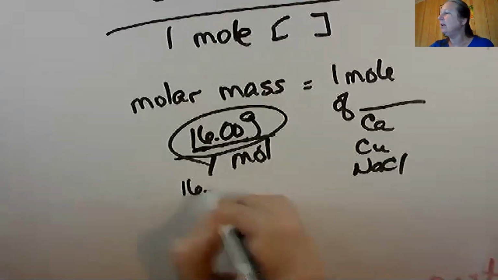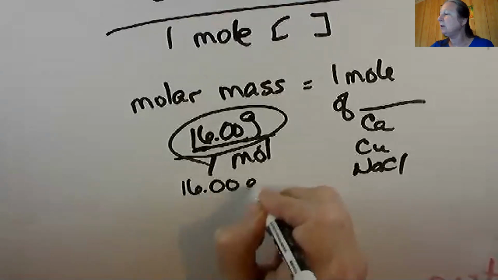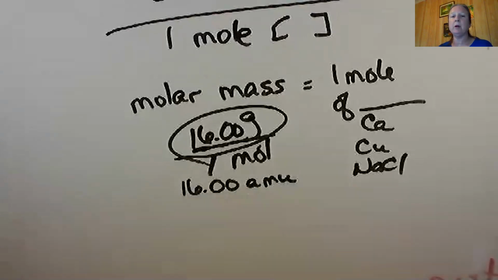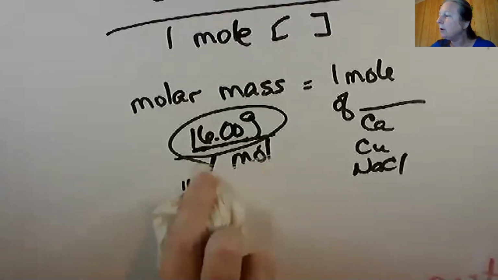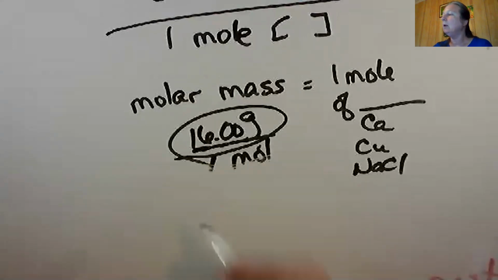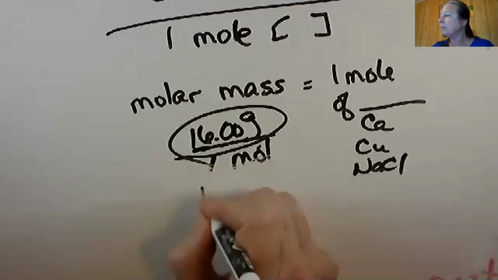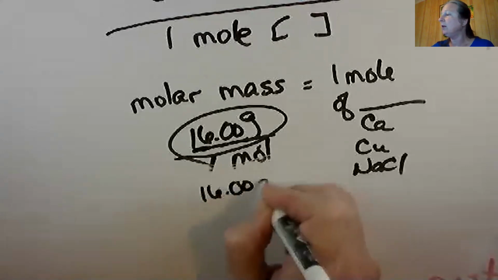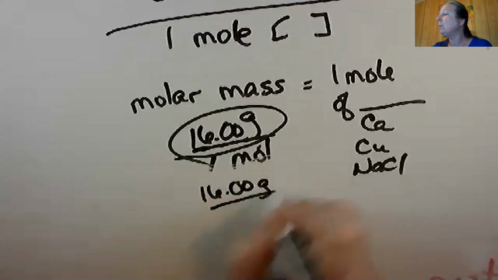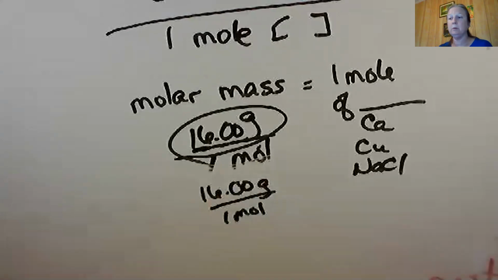then we say that oxygen single atom weighs 16.00 atomic mass units. But in the lab, when we're weighing out, we say it weighs 16.00 grams per 1 mole. 1 mole of oxygen atoms, 6.02 times 10 to the 23rd oxygen atoms weighs 16 grams.